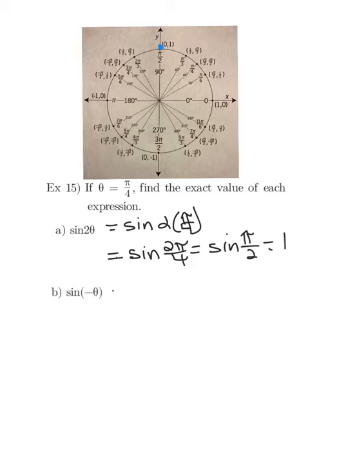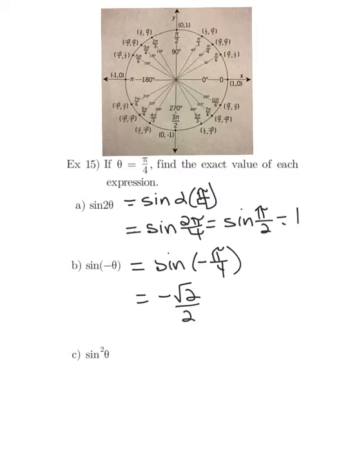If we put our assigned value for theta in, we will be doing the sine of negative pi over 4. What that's asking us to do is start at 0 and go down to pi over 4. So we are using this point. The sine is the y value, so the y value at that point is negative square root of 2 over 2.